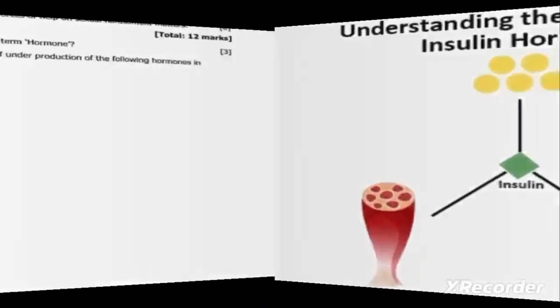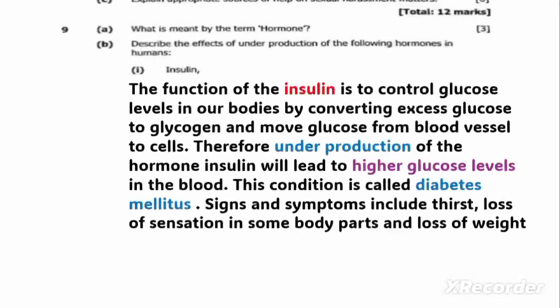If there is low production of insulin, someone is prone to have diabetes mellitus. So the function of insulin is to control glucose levels in our bodies by converting excess glucose to glycogen and moving glucose from blood vessels to cells.